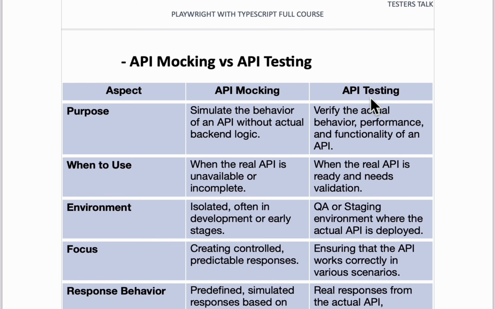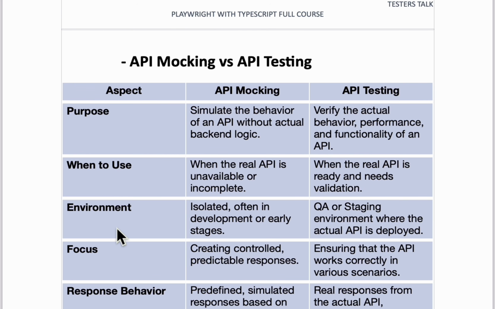But in case of API testing, we verify the actual API behavior, performance, and functionality of an API. The second aspect is when to use API mocking and API testing. We use API mocking when the real API is unavailable or incomplete. We perform API testing when the real API is ready and needs validation.